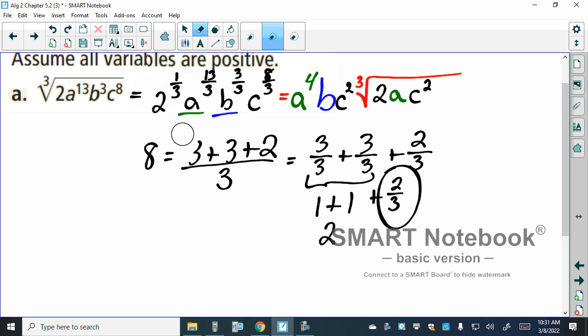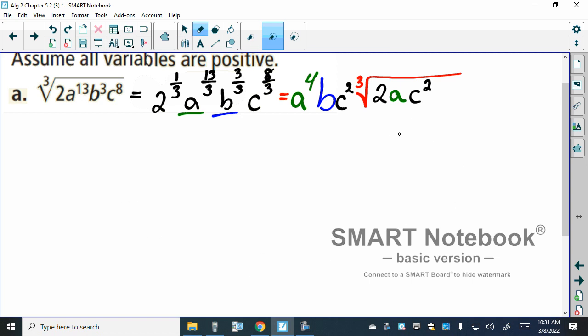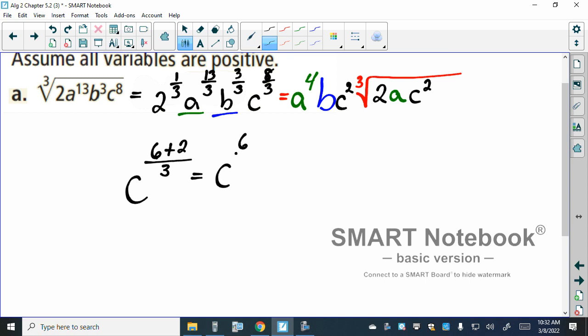Because here we didn't include any of the c for this, because realistically what we're saying is we have c to the, well, 6 plus 2 over 3, because we're rewriting that 8, which would be the same as saying c to the 6/3 times c to the 2/3.